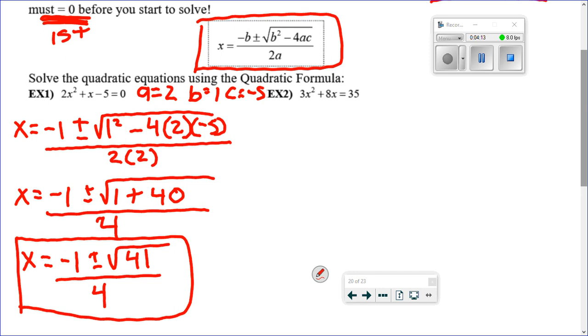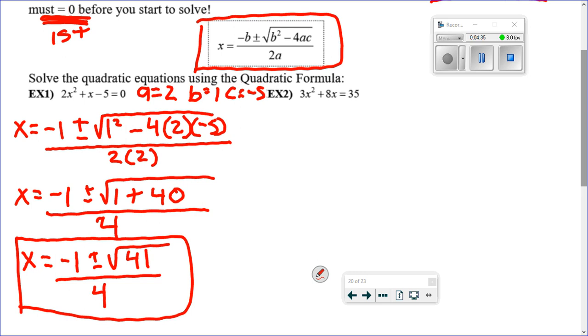You have your 2 solutions. One solution is -1 plus the square root of 41 all over 4. Your other one is -1 minus the square root of 41 all over 4. We don't want to write those as decimals. We're going to keep them just like this because that is the exact answer.